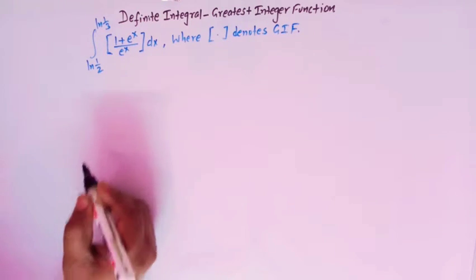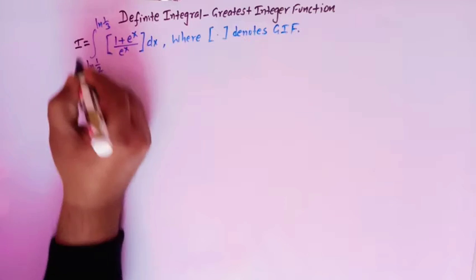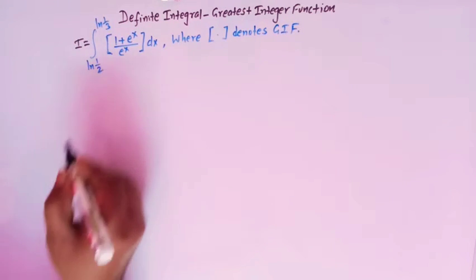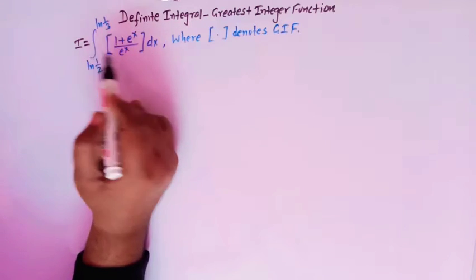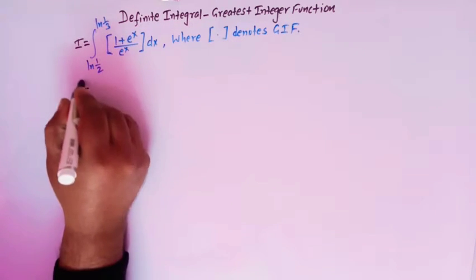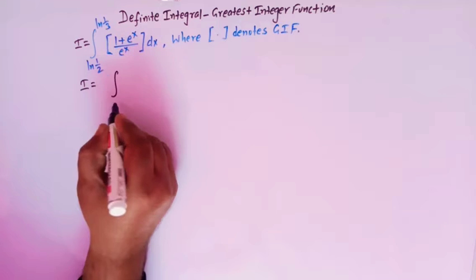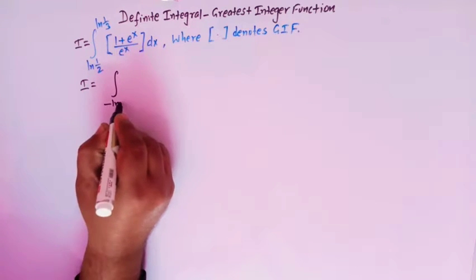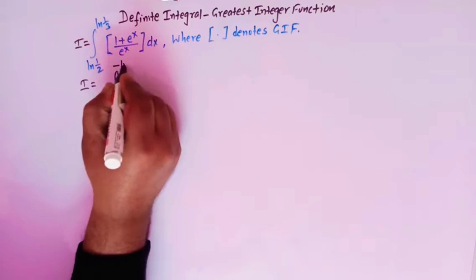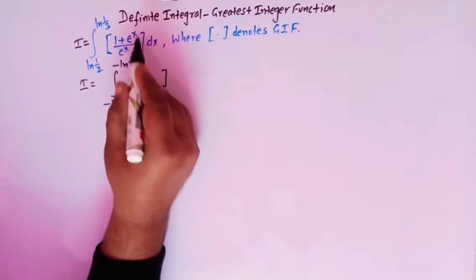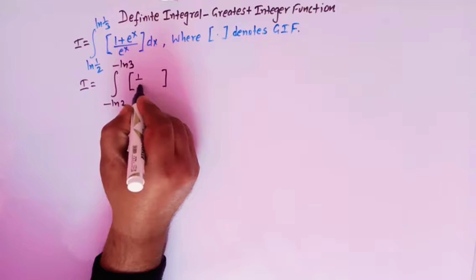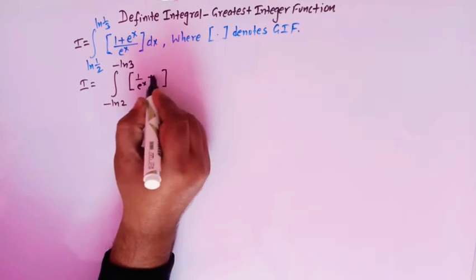So let us start. Let us first call this integral I. We can first rewrite this integral as the integral from minus log 2 to minus log 3 of the greatest integer of 1 over e raised to x plus 1.